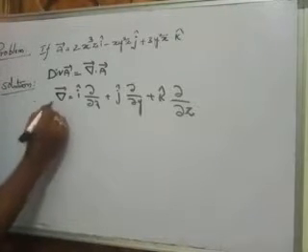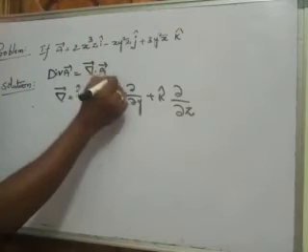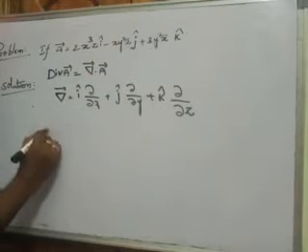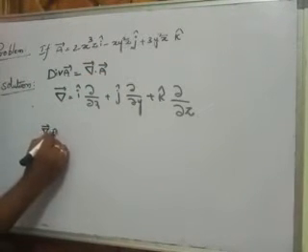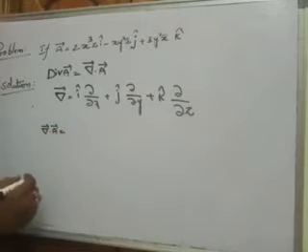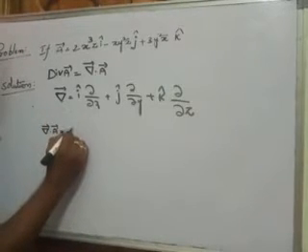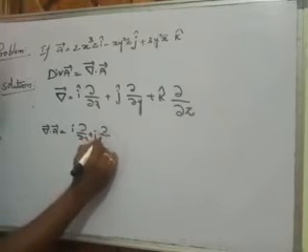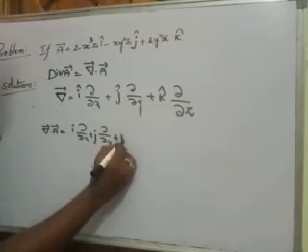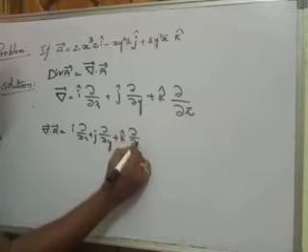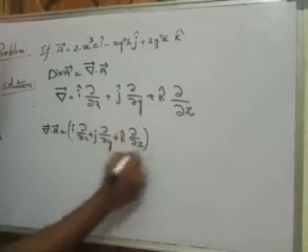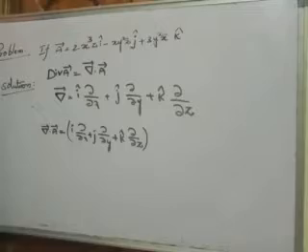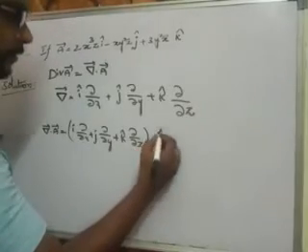Then what we get, if we substitute here in this equation, del bar dot a bar. So that is equal to, substitute i dou by dou x plus j dou by dou y plus k cap dou by dou z, and dot product is there.